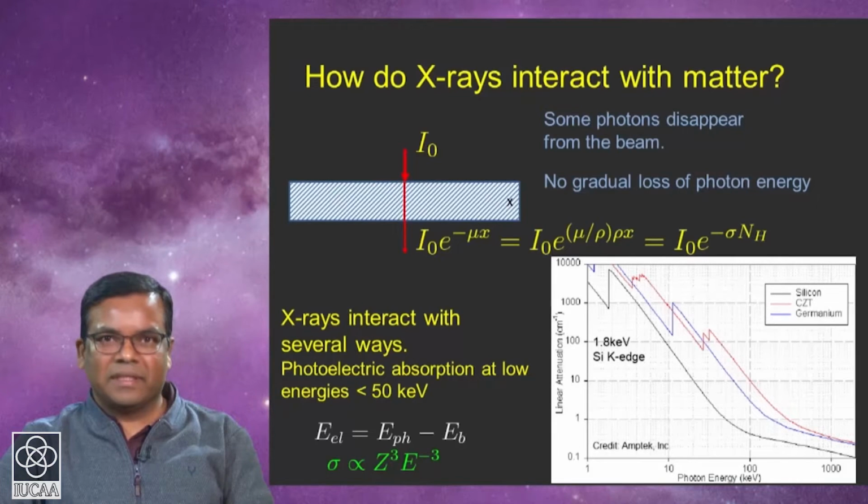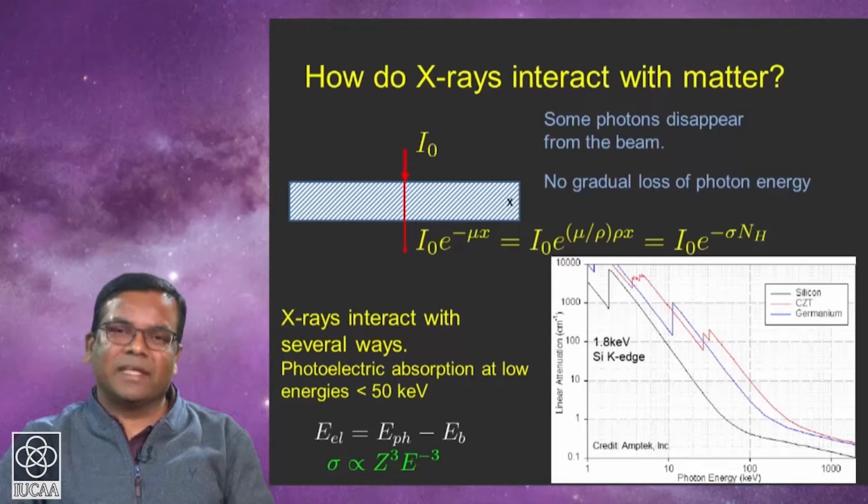If you see the absorption spectrum due to an intervening medium or interstellar medium, you will see a number of these absorption edges, which are the signatures of the material present in the interstellar medium.